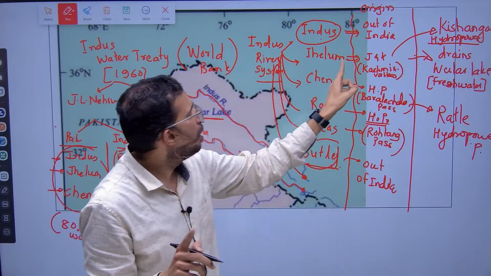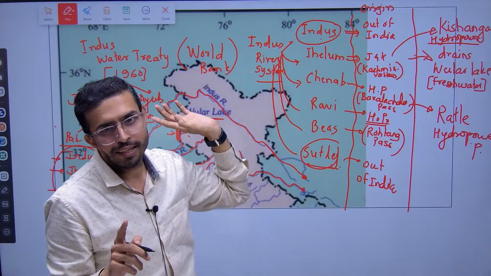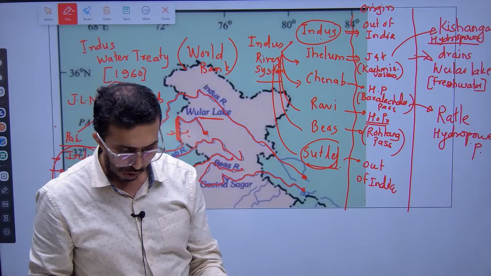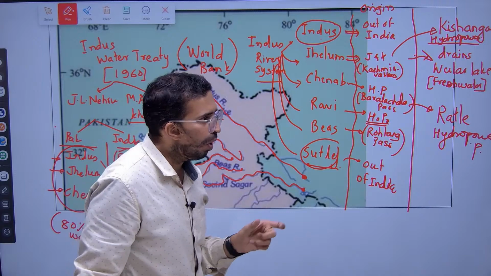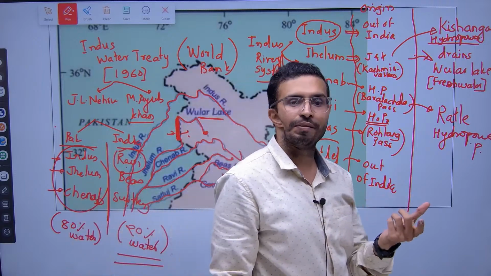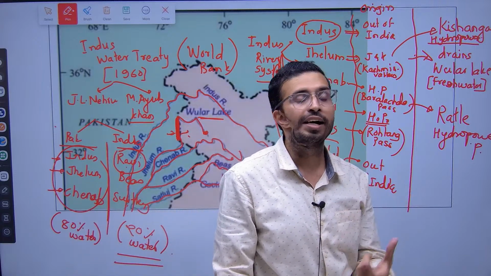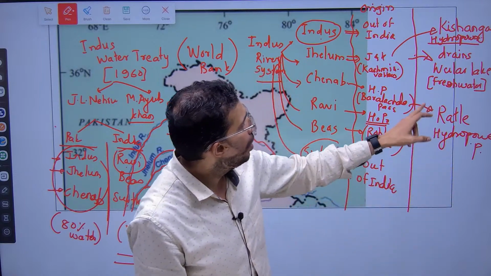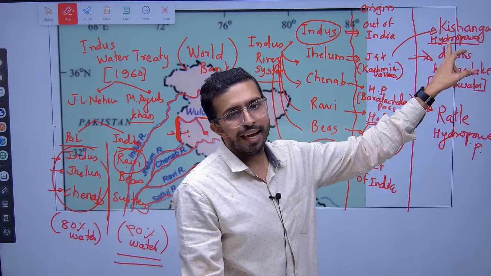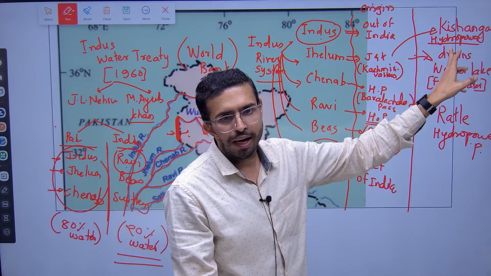This is a tributary of the Jhelum or the Indus. So if the question comes, Kishan Ganga project is situated on which of the following rivers? They might give the options Brahmaputra, Ganga, Indus and Yamuna. So don't confuse.